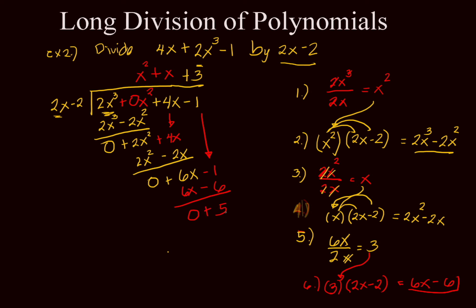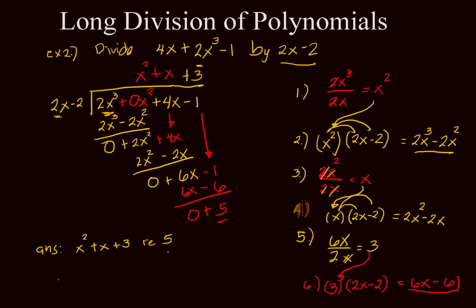So again, if you've noticed, this one has a lower order as compared to our divisor. So therefore, this will now become our remainder. So again guys, our final answer will just give us x squared plus x plus 3 with a remainder of 5.